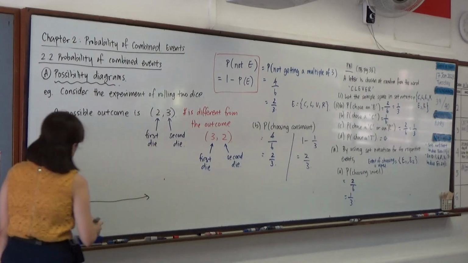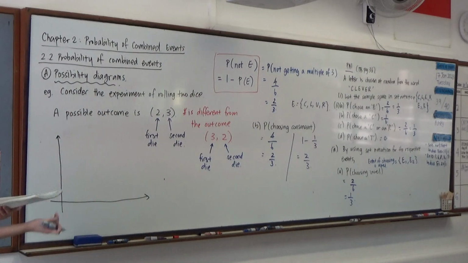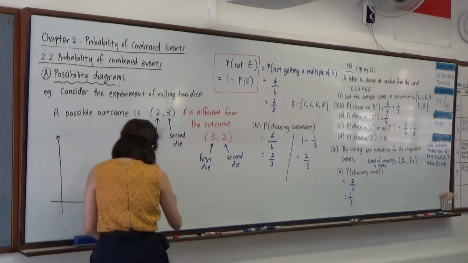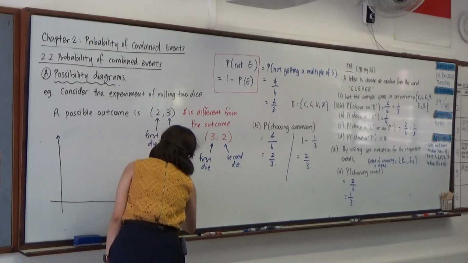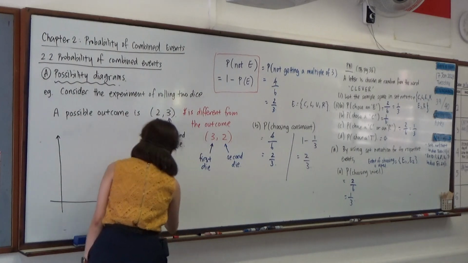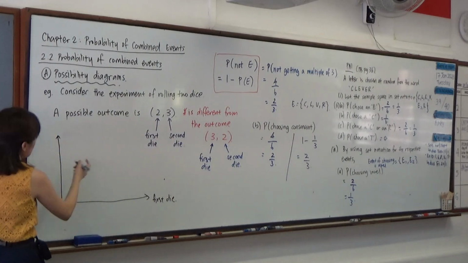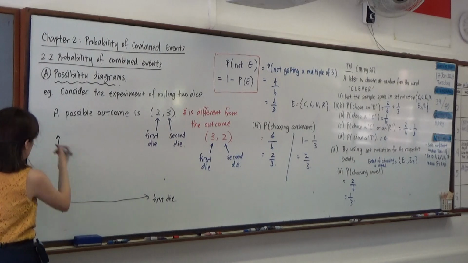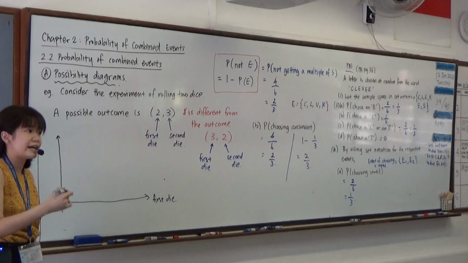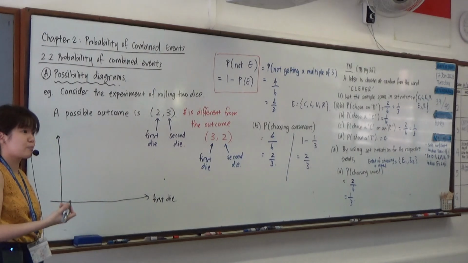A possibility diagram essentially is like a graph, whereby I will label this first die. It doesn't matter whether you label second and first here or first and second. In case you're wondering why do I spell die as D-I-E and not D-I-C-E, hope you know die is singular, dice is plural.